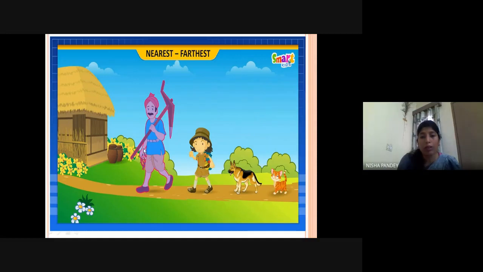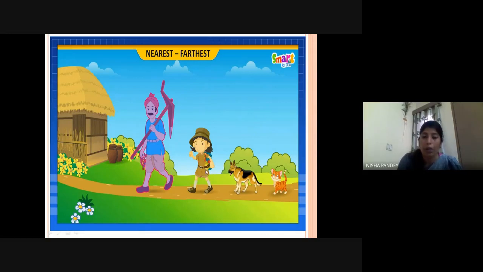So four living beings are here, right? So which one is nearest to the hut? Nearest means, as we have seen already, very, very close. So this man is very close here to the hut, right? So we can say this man is nearest to the hut.